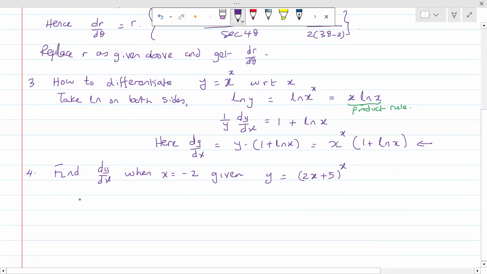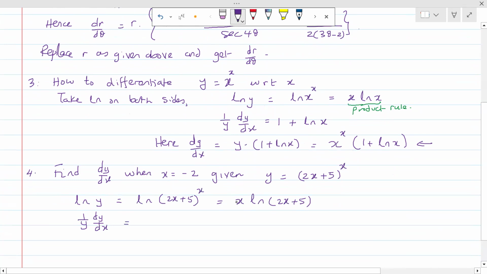We take ln on both sides, ln y becomes x ln (2x plus 5). So again, we have u here, v here. For this part, it's going to be always like this. Differentiation of ln y is 1 over y itself multiplied by dy by dx, chain rule, uv.